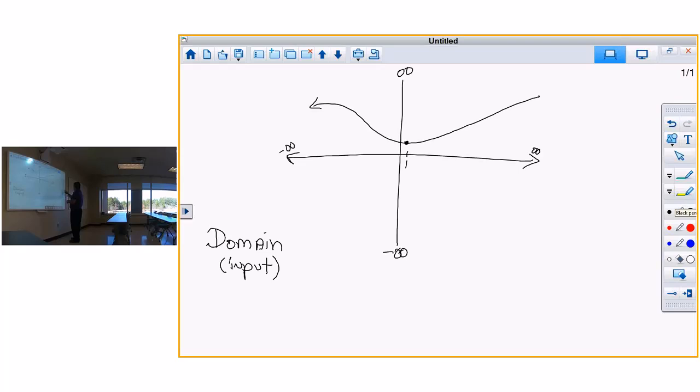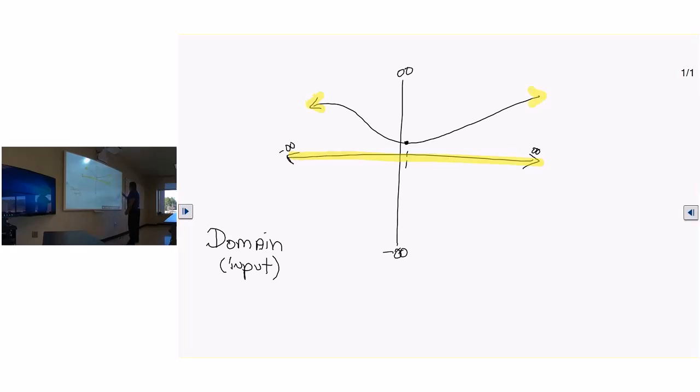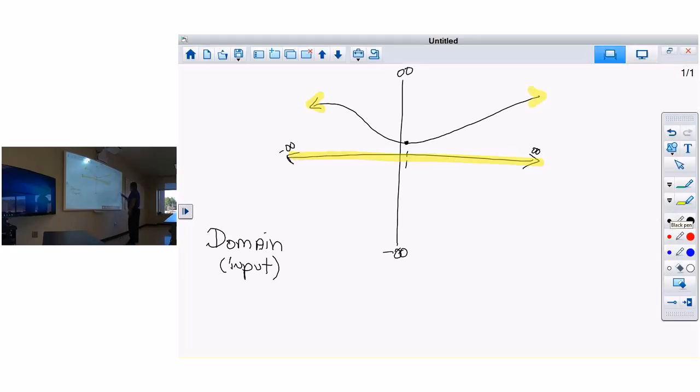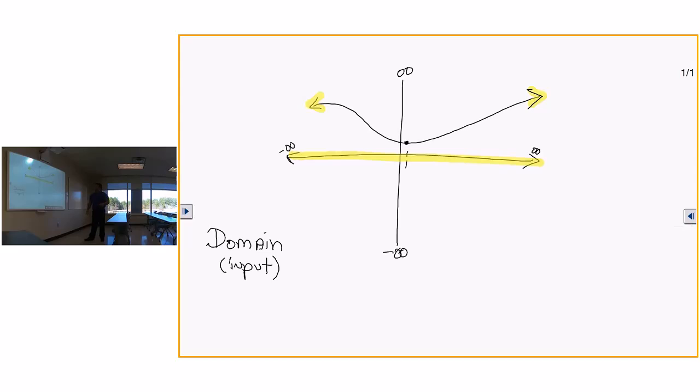I'm going to take my highlighter. What numbers can we use for this function? Well, what do these two things right here mean? It's supposed to be one right there, but let me put one right there. If you're given a function and it has arrows like this, and there is no restriction on which direction it's going, like this one just keeps on going.